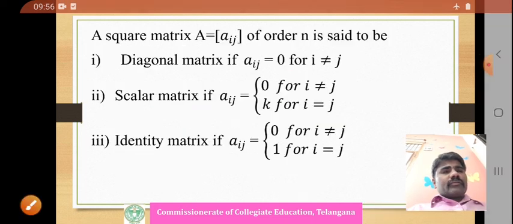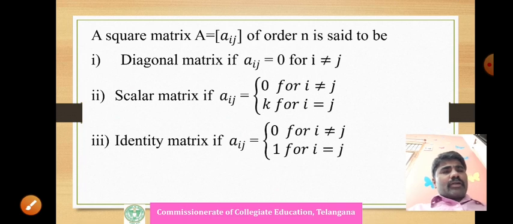Now we can take some important definitions. I can give all the definitions together at a time.